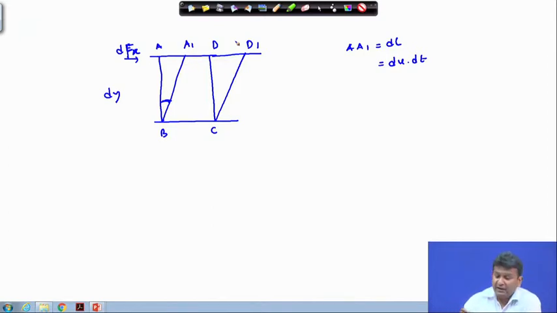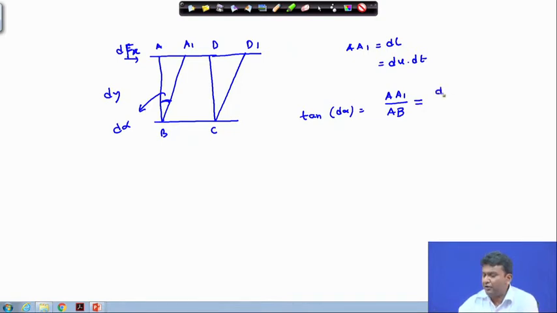You can also find this d alpha: tan of d alpha turns out to be AA1 divided by AB, where AA1 is du into dt and AB is dy.